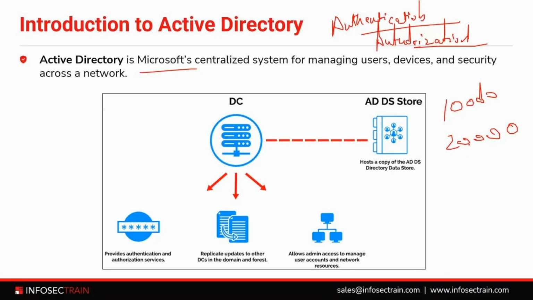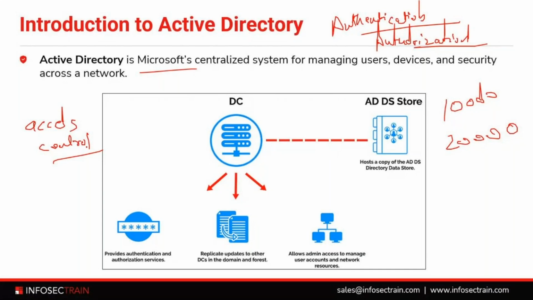And then the management of resources. Active Directory is primarily used in Windows-based networks to make sure there is secure access control. When we talk about access control, it means what privileges you have, controlling the access of the users, controlling the privileges as per the job role. You have to provide the privileges. It is also used for efficient resource management and streamlined administration.